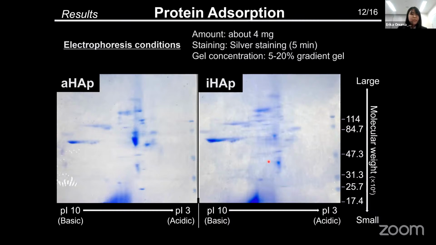Moreover, the protein spots in the AHAP gels were more on the acidic side than those in the IHAP gels. From the resulting gels, protein-derived spots were cut out, and when these were analyzed by mass spectrometry, 37 proteins were identified in AHAP and 12 proteins in IHAP.